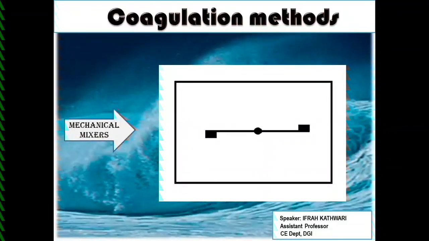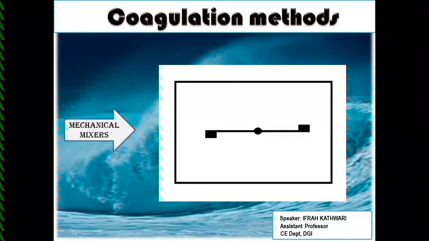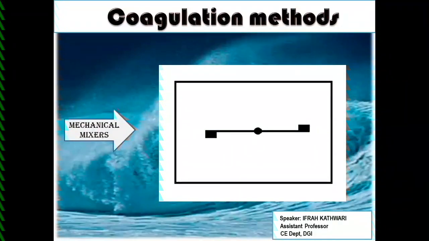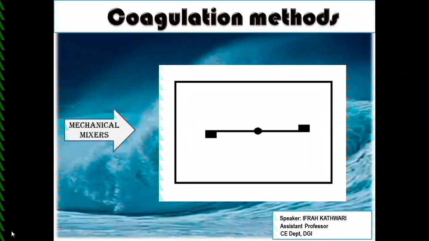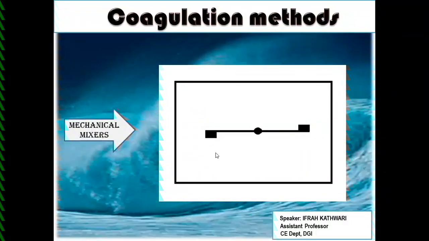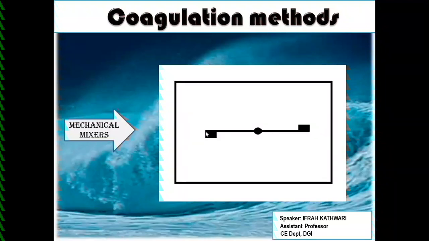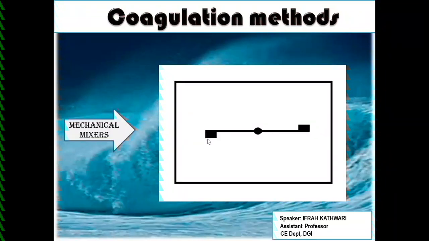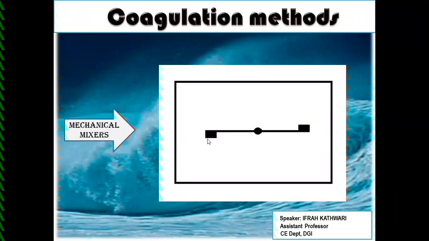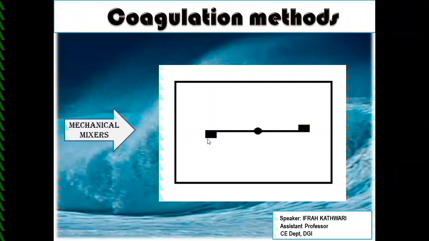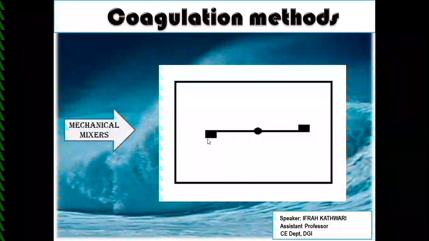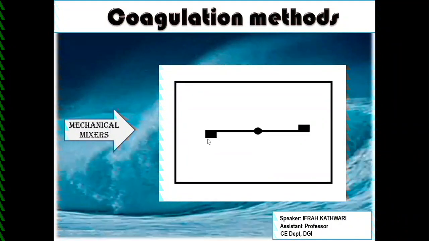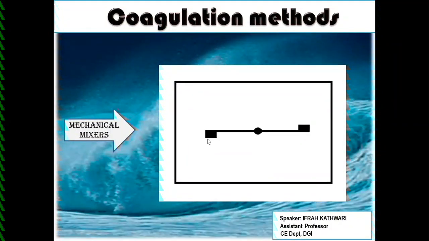It was flowing naturally. But in this case, we go with mechanical mixers. As you can see, this is the view of the mixer, wherein these paddles keep on moving and rotating, due to which turbulence is induced in water. But here, the turbulence is induced mechanically.